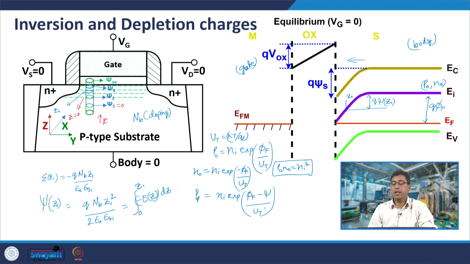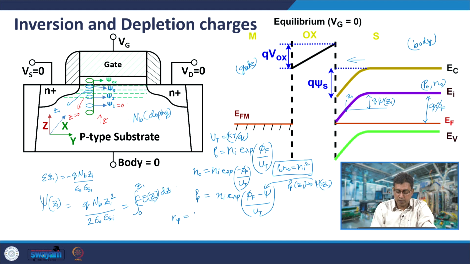So, what is this chi? Chi is the potential here. And pp of z1 would correspond to the potential at z1, isn't it? So, you need to replace this with this potential. That is how you get the hole concentration at point z1. What about the electron concentration at point z1?